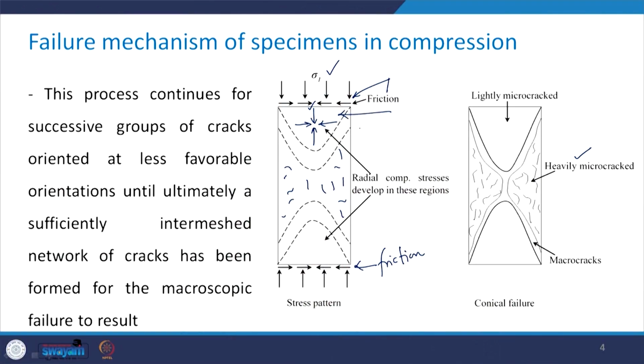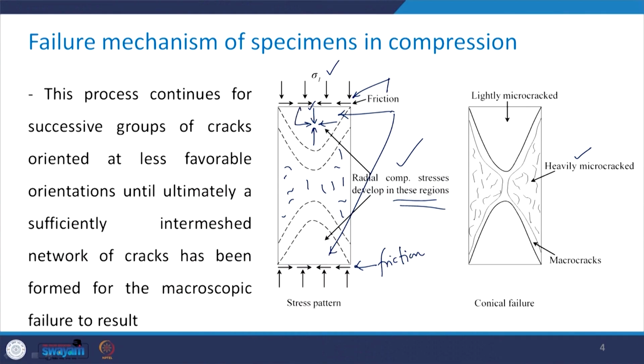So, when the cracks are propagating and aligning themselves in the direction of the applied stress, because of this effect, radial compressive stresses develop in these two zones. So, these cracks will not be able to propagate up to this zone.